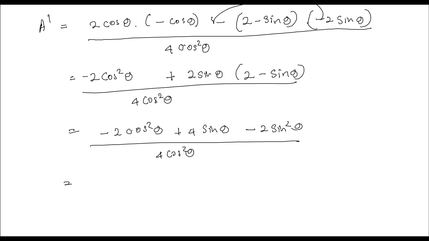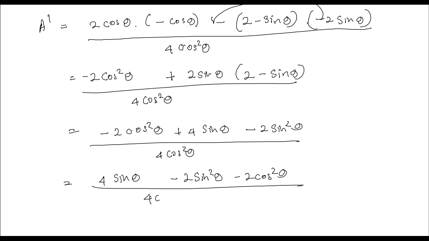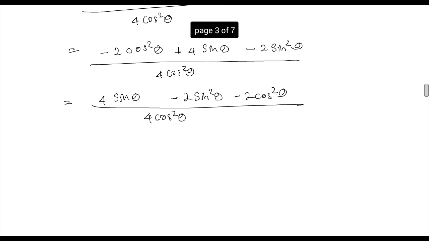So let's rearrange these terms. 4 sin theta minus 2 sin squared theta minus 2 cos squared theta divided by 4 cos squared theta. I'm writing too many steps here. Normally you don't have to. I'm just making it clear, doing it step by step. So I'm taking 2 out.